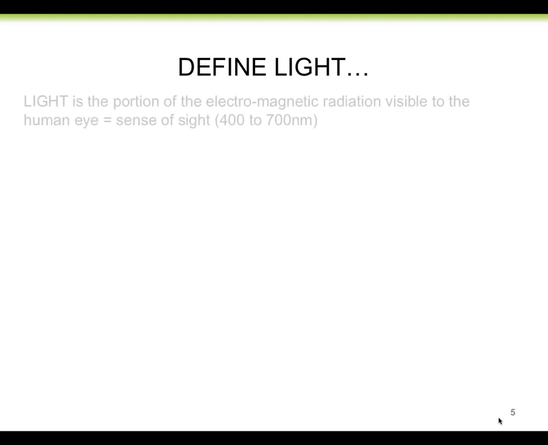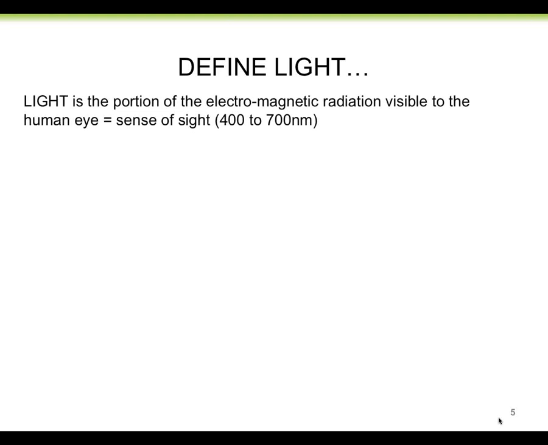So before we begin, let's define light. Let's make sure that we're all speaking the same language. As you know me by now, I'd like to be very clear. So as I look around, I want to understand how light is defined. When I say light, it is defined in a dictionary or according to physics or what have you, as a portion of the electromagnetic radiation that is visible to the human eye.